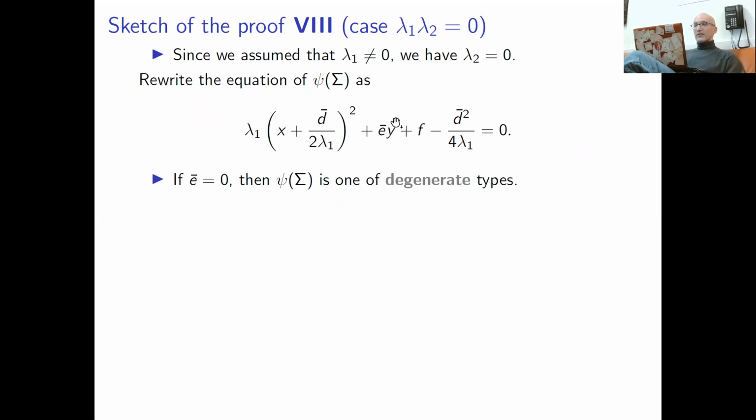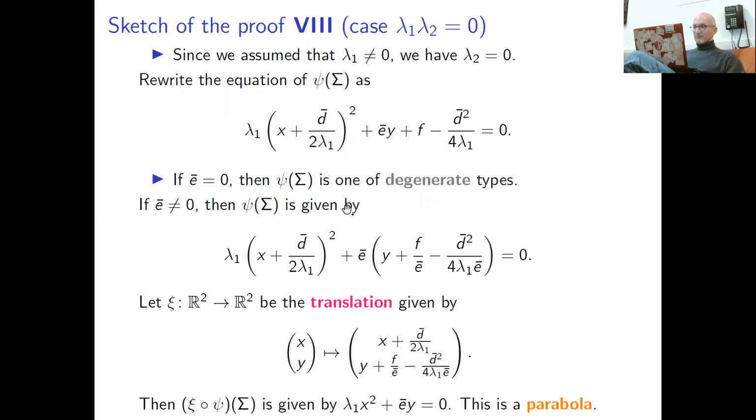Or if this is 0 and also this number is 0, this is just the equation of a line, but taken with multiplicity 2, because basically it's going to be just the equation of a line squared. It's going to be like a vertical line. So in conclusion, if this e bar is 0, it's a degenerate type. It cannot be something nice. So we may assume e bar is not 0. But if e bar is not 0, then you can rewrite our equation like this.